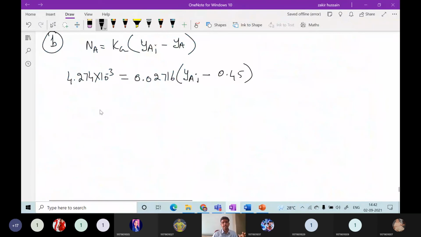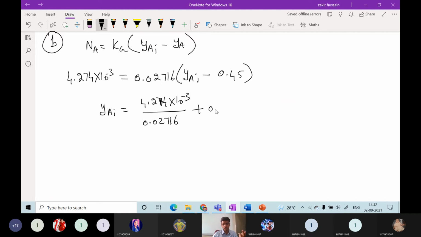Therefore, we can calculate YAI is equal to 4.274 into 10 power minus 3 divided by 0.02716, plus 0.45. Therefore YAI is something you'll get.